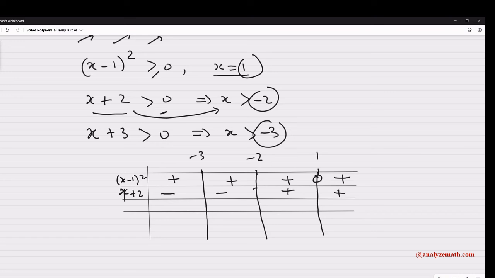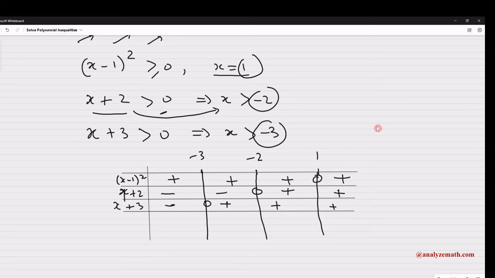The last factor, x plus 3, is positive when x is bigger than minus 3. Here is minus 3, bigger is in this direction. That's when it is positive, so we put plus, negative here, and the 0 here.